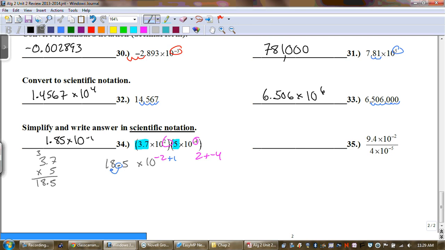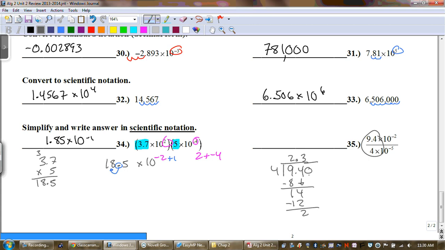Okay, that's one. We have to do the operation, so 9.4 divided by 4. 4 goes into 9 twice, and that's 8. Drop the 4. 4 goes into 14. How many times? 3 times, which gives us 12.